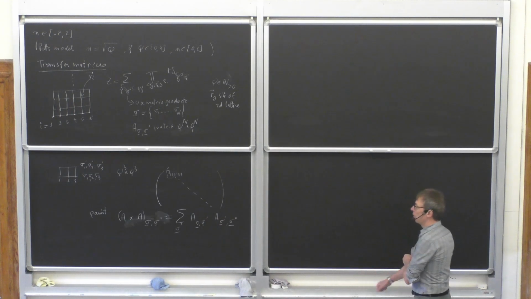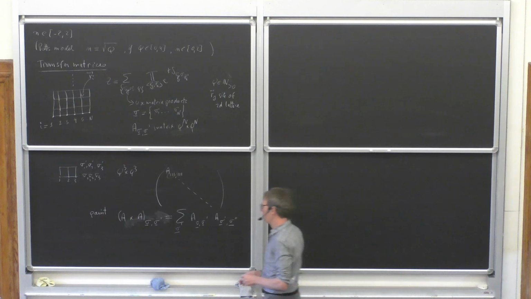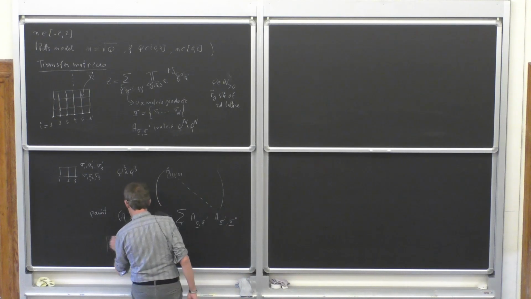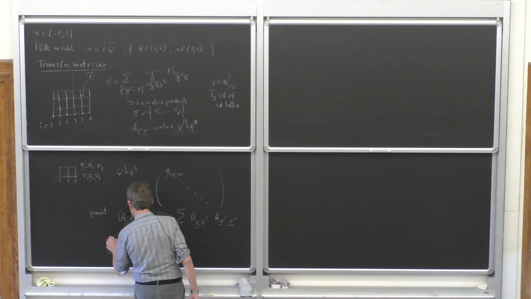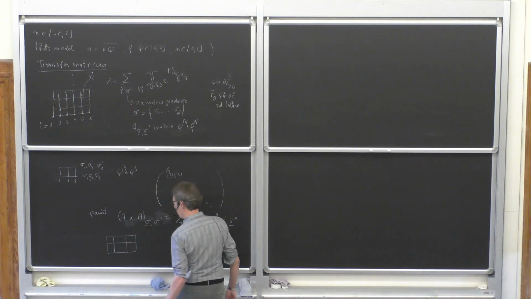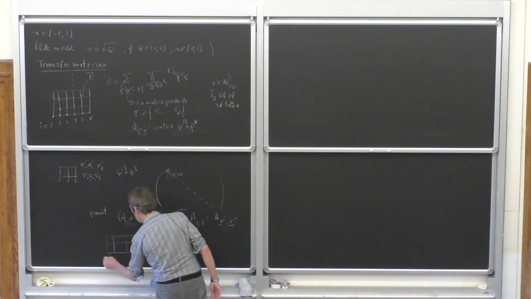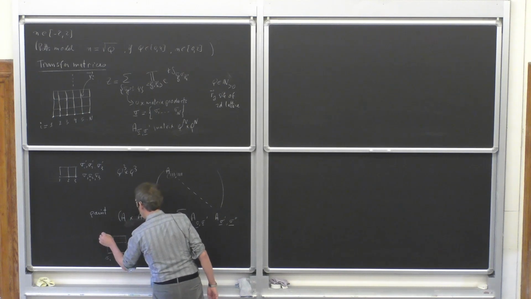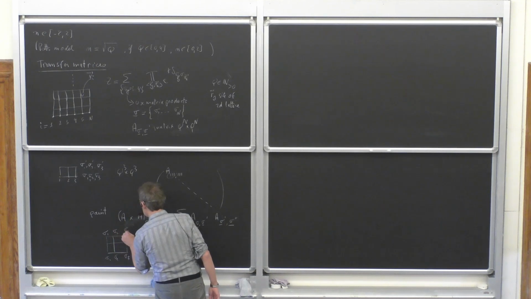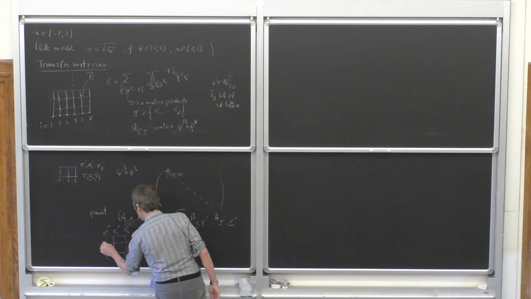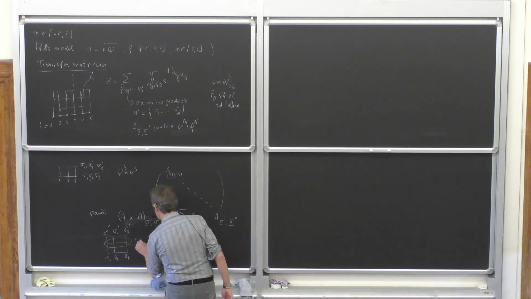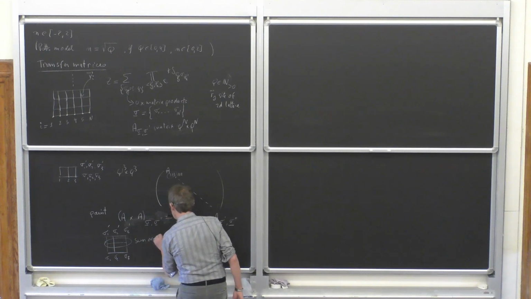Okay, so in other words, if I have such a matrix, the matrix element obtained by multiplying the two corresponds to fixing the spins on the bottom row, fixing the spins on the top row, and summing over these.